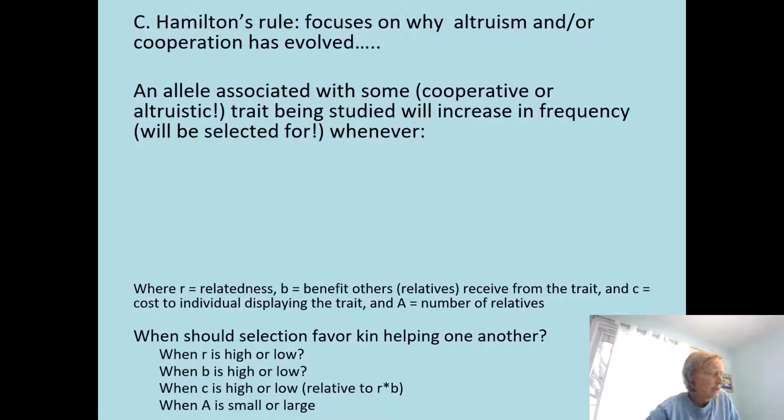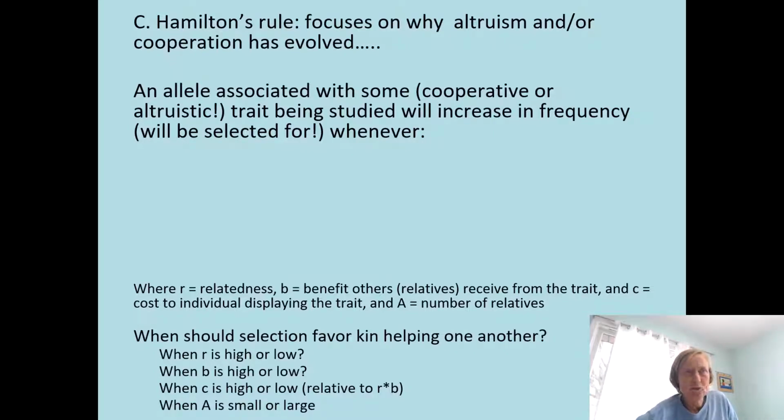Kin selection says that natural selection favors behavior by individuals that may decrease their chance of survival but increase that of their kin. Kin selection is essentially selection for what we might call self-sacrificial behavior that benefits the genetic fitness of their relatives.